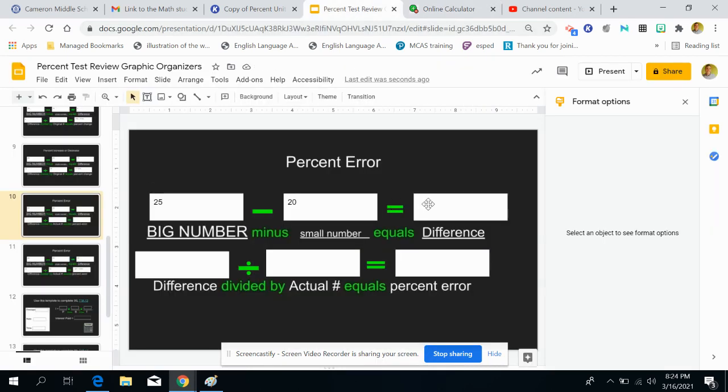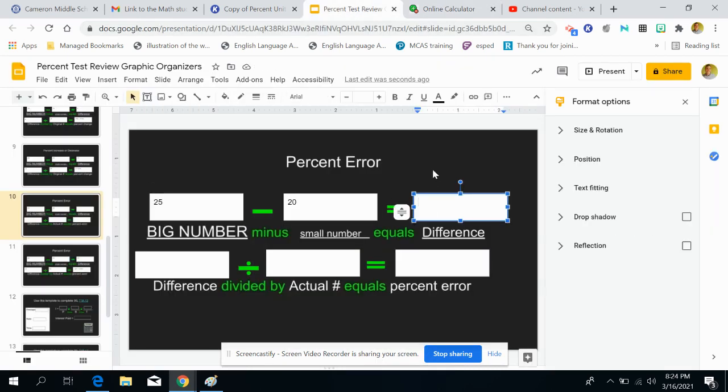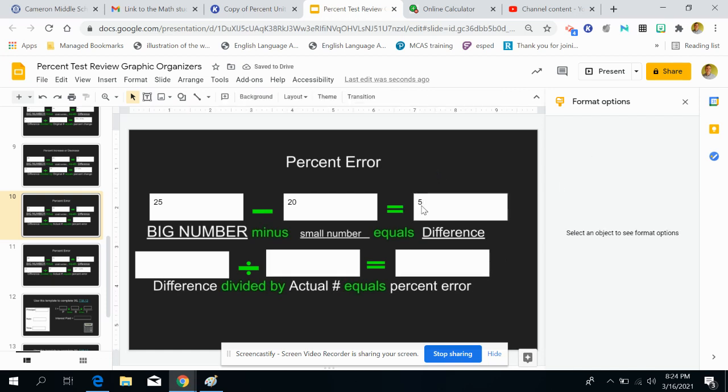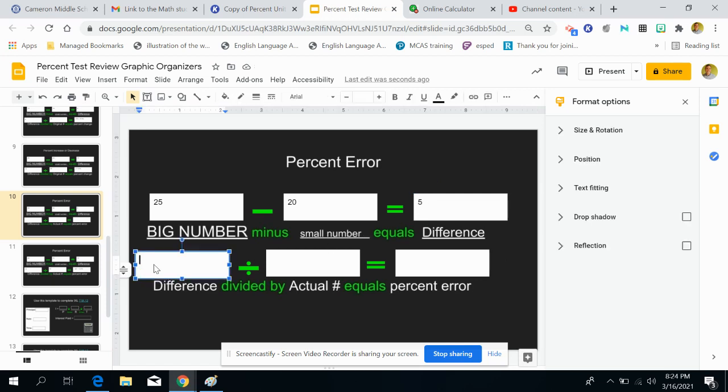So the difference between the prediction and the actual number was 5. Now I take the difference and I bring it down into this part of the organizer where it says difference again. Put my 5, and the difference divided by the actual number equals the percent error.